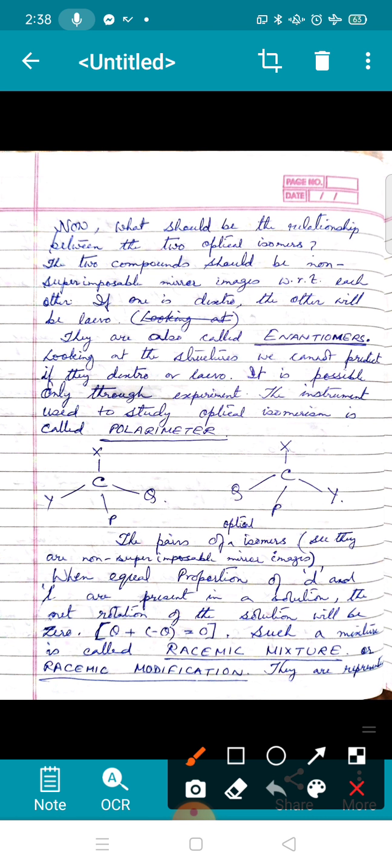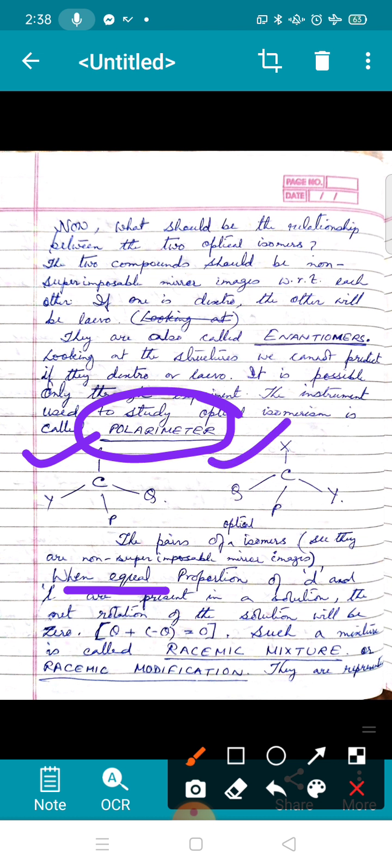The instrument by which you can study this optical activity is called a polarimeter. When equal proportions of D and L, that means dextro and levorotatory compounds, are taken in a solution, equal amounts, remember, one will rotate the light towards right, the other towards left, and the final rotation of the solution will be 0.